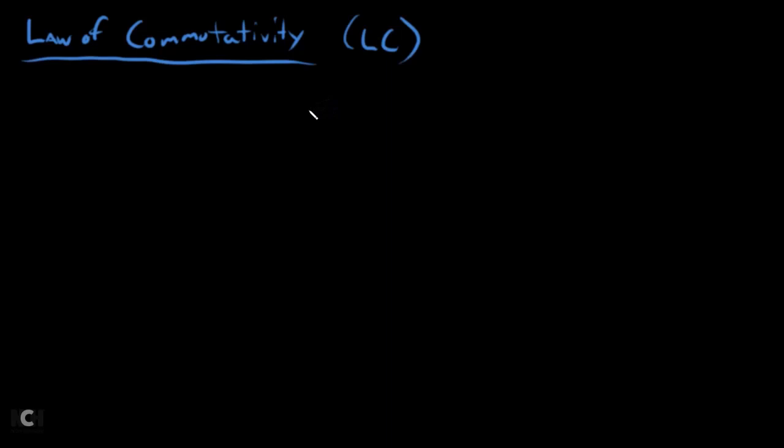Commutative is kind of like association except even simpler. Let me do this similar to how I showed association. Let's say I had A and B, and I said get B and A. Flip it around.